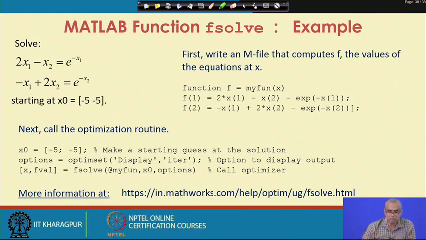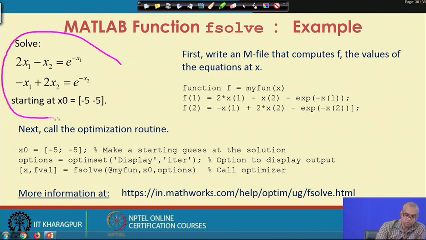Now, let us take a quick example. Let us say I have these two nonlinear equations which need to be solved simultaneously, starting from -5, -5. First, we write an M file that will compute the value of the equations at x, the trial solution.